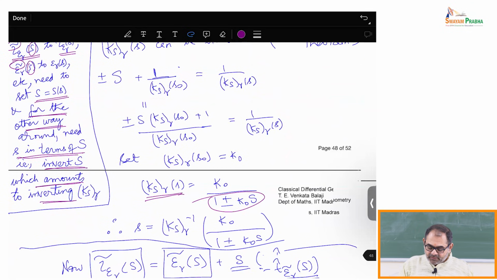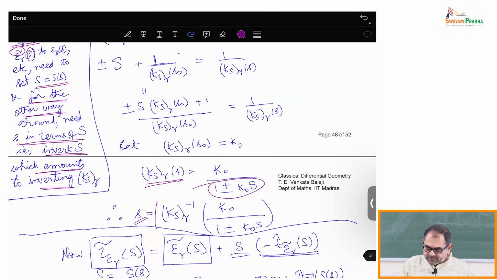Then if you want small s in terms of capital S, you have to invert. And you can invert the sign curvature because it is C1 invertible. That's because its derivative does not vanish and has the same sign. So this is a technical thing that is going on here.